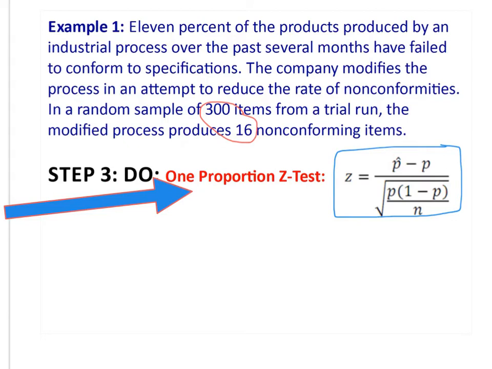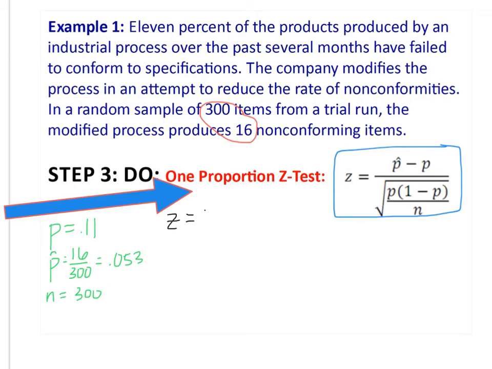So just to rewrite, P we said was 0.11, P hat we said was 16 over 300 or 0.053, and N was 300.